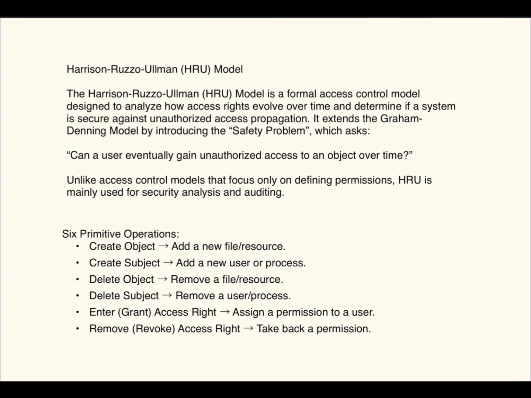It is used for security auditing and analysis, as we discussed earlier, and helps security teams track changes in access permissions over time and identify potential privilege escalation risks before they become security breaches.